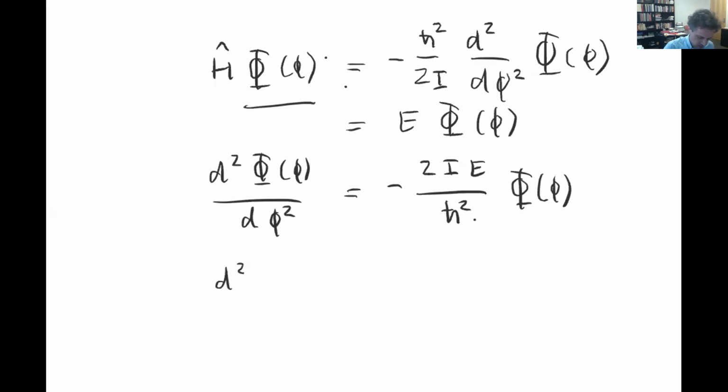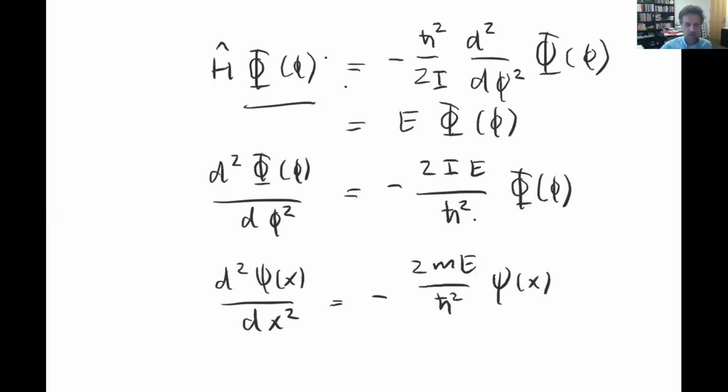Previously, we looked at an equation as a function of x. This is the particle in the box. And what we found is 2mE over h bar squared, times the function we were trying to find by solving this differential equation. So the lower one here is a particle in the box, and the one above it is the particle on a ring.